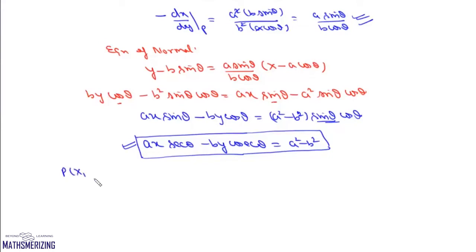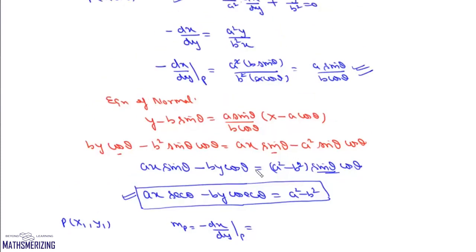Suppose point P is x1, y1, then we can simply say the slope of normal at any point P, which is minus dx upon dy at this point P, will simply be a square y1 upon b square x1.